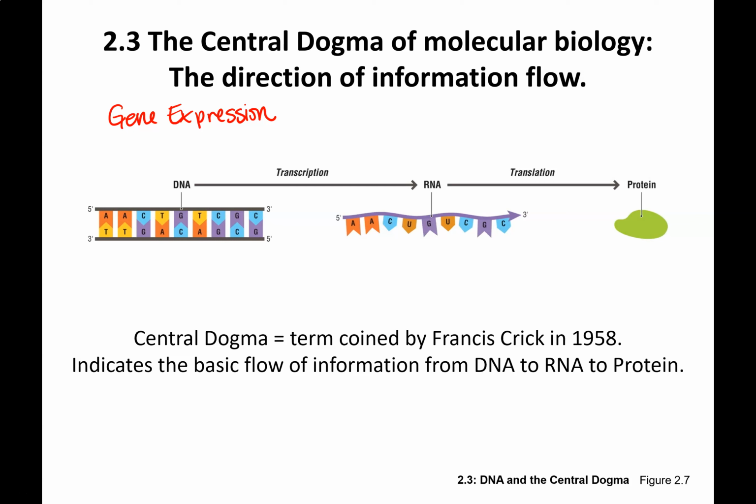During this process of gene expression, you take some information from a specific gene within your DNA. The first thing that you're going to do is transcribe it. That means you are going to copy it into the same language.